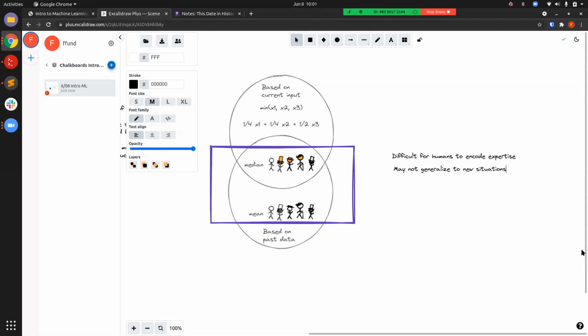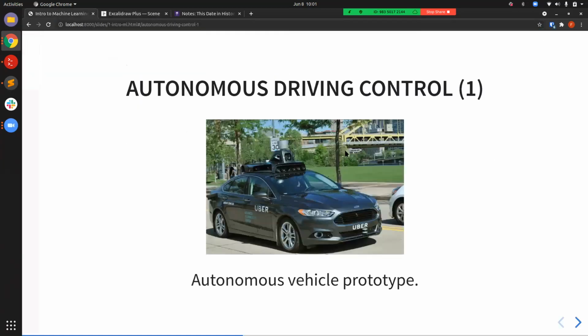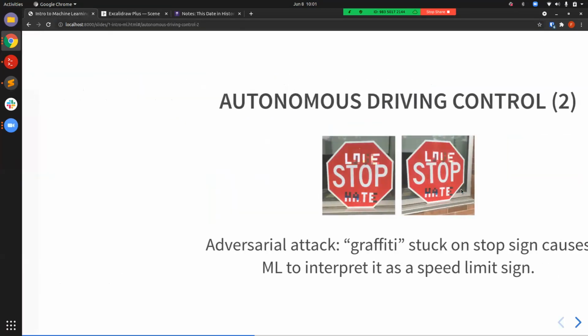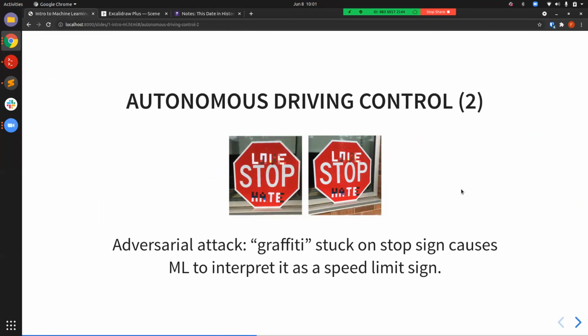There's also concerns that machine learning systems can sometimes be tricked by some attacks that won't necessarily trick human drivers. For example, this is an example of an attack on an autonomous driving system, where adding this kind of graffiti stuck onto stop signs causes the machine learning algorithm to interpret it as something else, for example, a speed limit sign.